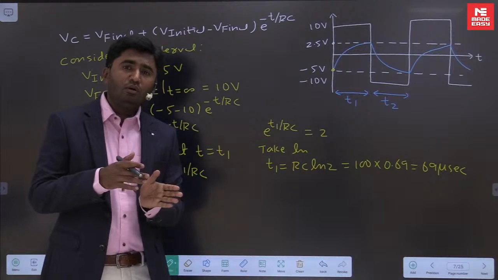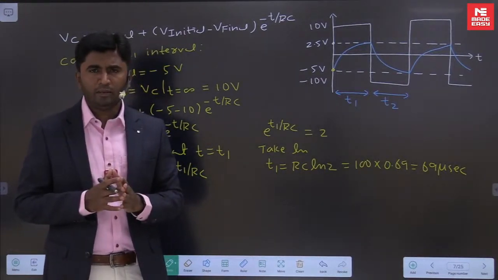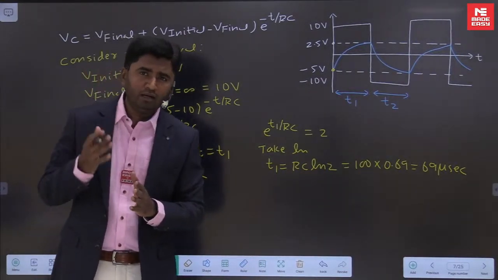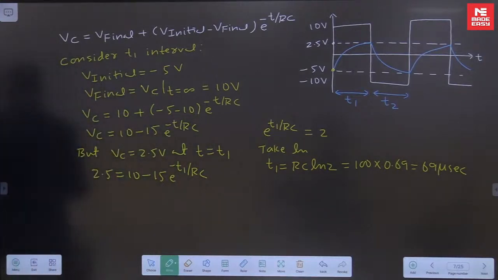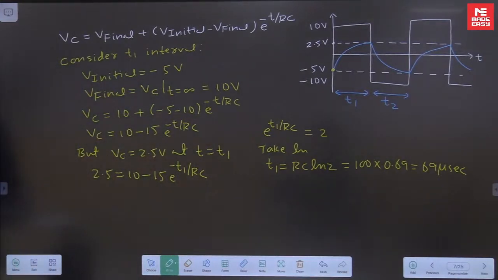Now we need to find out t2 also. In a similar way you should calculate t2. Let me just check whether some of you have given the answer. Yes, I have got an answer from Harsh, 69.3 microseconds.